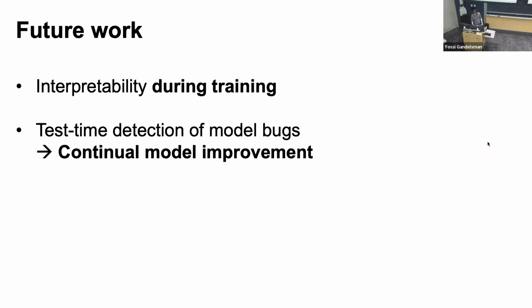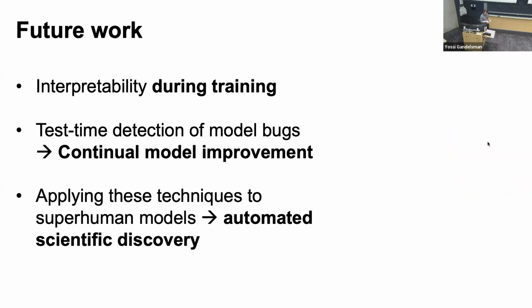And finally, I would really like to apply these techniques to models that perform better than humans, right? If you look at our field, deep learning, AI, there are more and more models that perform better than humans in specific tasks, whether medical tasks or astrophysics or a lot of other regimes.